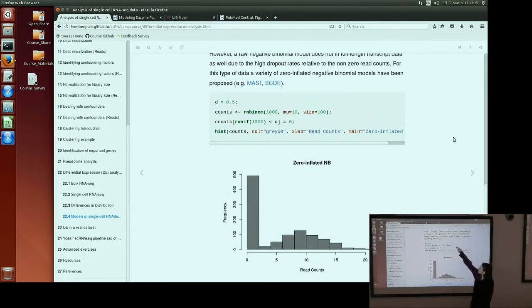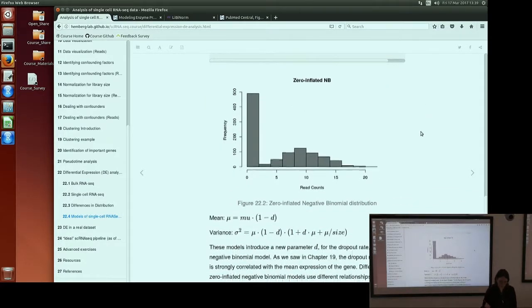This is just a negative binomial model, again, only for some percentage of the cells you set the value to be zero regardless of what it actually would have been under a negative binomial. There are many different models out there that use different ways of deciding what D will be in this case. It might be fit to each gene separately, or it might be dependent on the mean expression in some way or another. Different methods will use different ones.